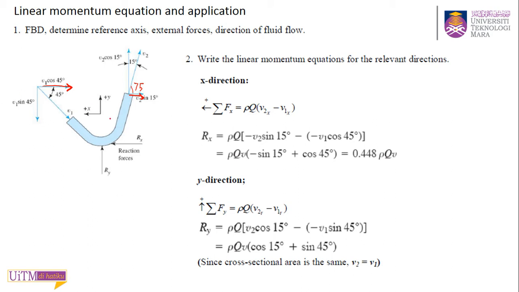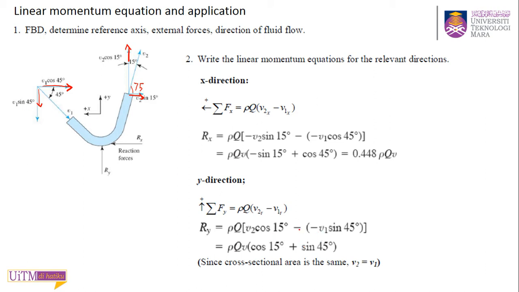There's no pressure or weight. So rho Q times V2Y is V2 cos 15, and it moves in the same direction as the reference, so it's positive. Minus V1Y, and because V1Y moves downward, V1 sin 45, it is negative.